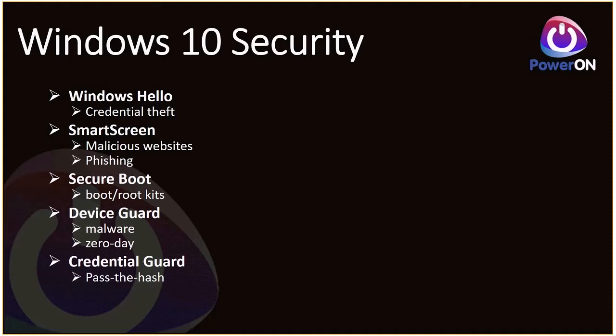So what are some of the main security benefits that you could start leveraging by moving to Windows 10, and what are the threats that it actually safeguards against in the modern world? Well, to start with, Windows Hello. So to mitigate credential thefts, Windows Hello allows employees to authenticate using biometrics in the form of fingerprints or facial recognitions. So no password, no Kerberos hash tickets that could be compromised.